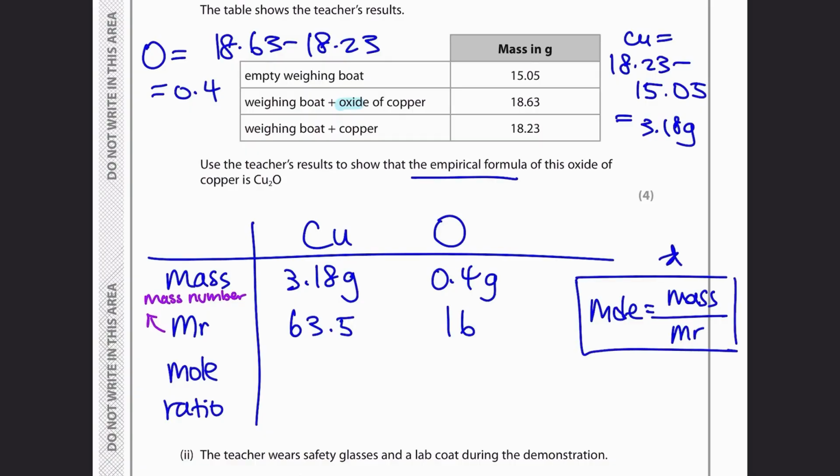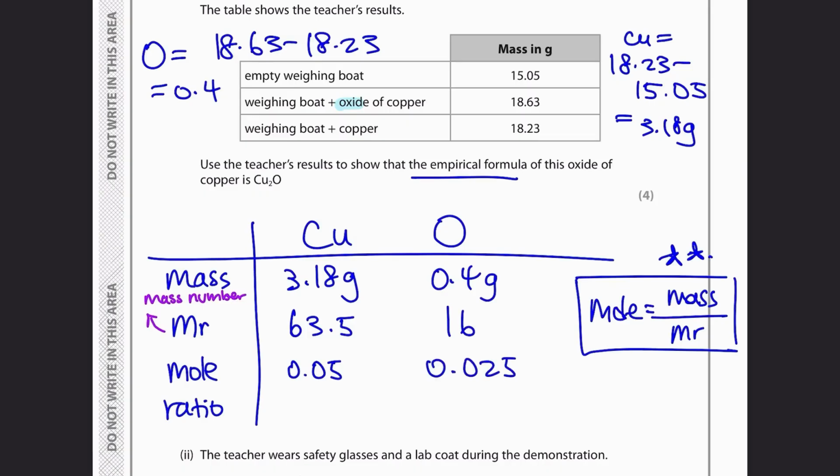So it's very important to know this. And I'll just basically divide this by this. So 3.18 divided by 63.5. That would be 0.05. And then 0.4 divided by 16 will be 0.025.